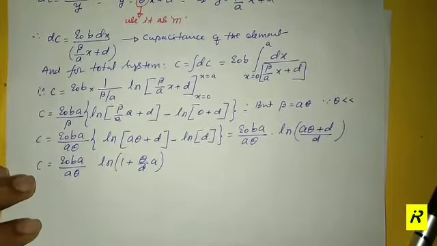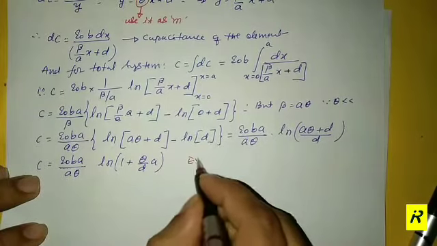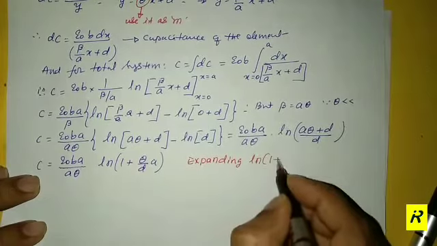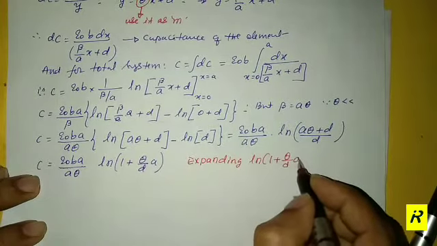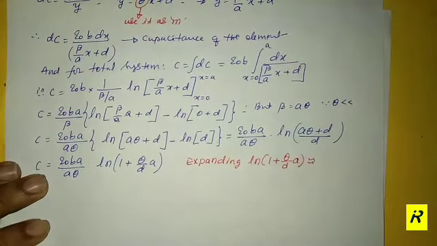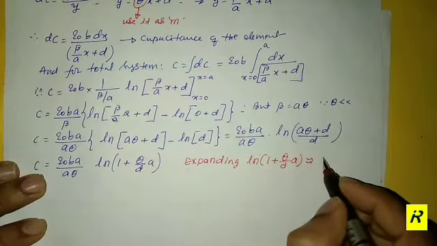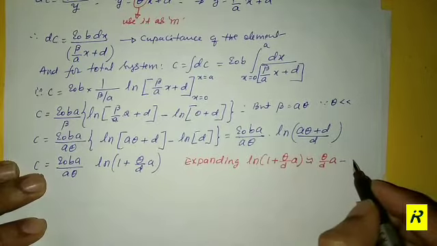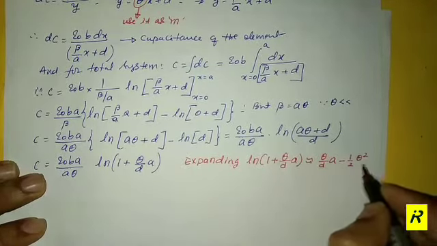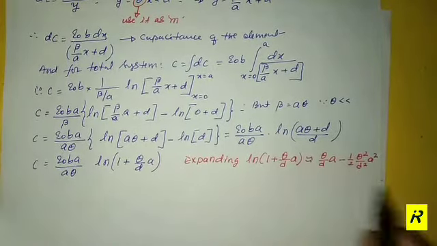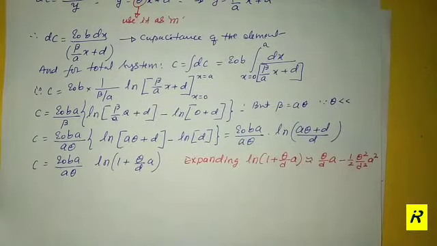And when you make the expansion of this, expanding natural log of 1 plus theta divided by d into A, which will yield an approximation of theta divided by d into A minus a half of theta square by d square into A square. So this is an approximation of the expansion of natural log of this much.